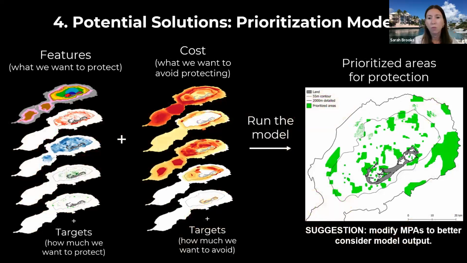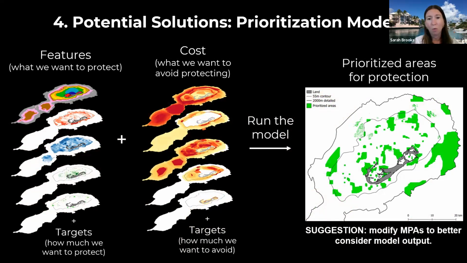And then there's one final map that I'd like to tell you about that could help to address some of the concerns raised by our stakeholders, not just reducing fishing impact on the fishing industry, but also better achieving the ecological objectives. And this map has been produced by a computer program called the prioritization model.